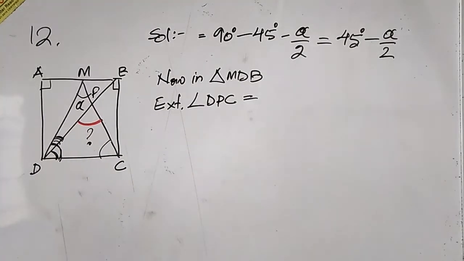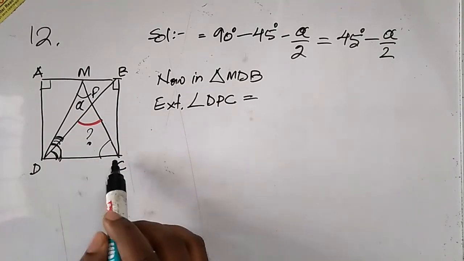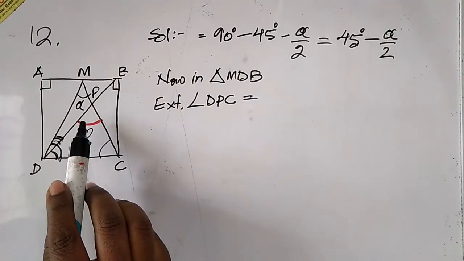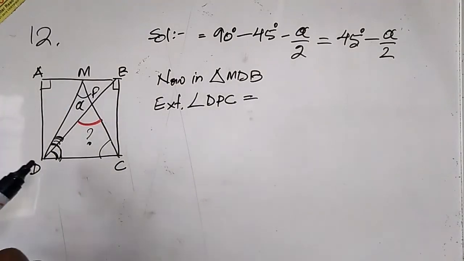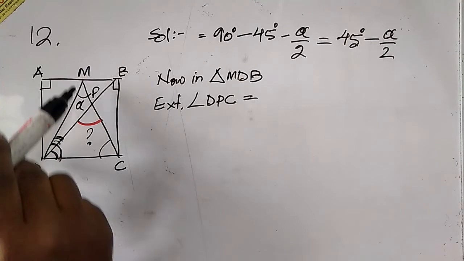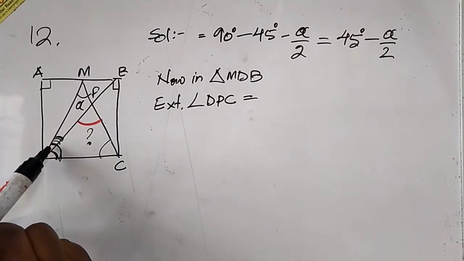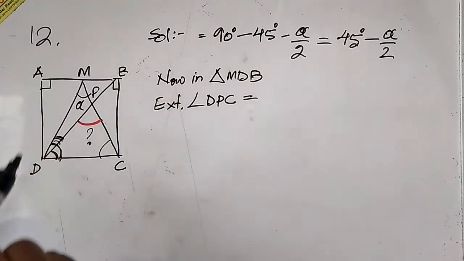I hope you remember the rule that we had learned earlier about the exterior angle. Exterior angle is equal to the sum of the two opposite interior angles. Now DPC is the exterior angle. Which are the two opposite interior angles? One is the angle here, which is DMC, and the other one is here, which is MDB or MDP.